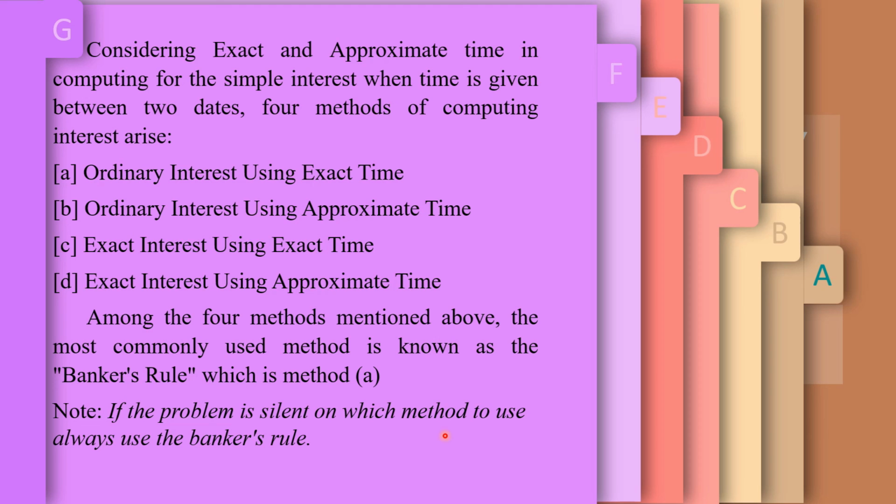Among the 4 methods mentioned above, the most commonly used method is known as the banker's rule, which is method A. If the problem is silent on which method to use, always use the banker's rule.